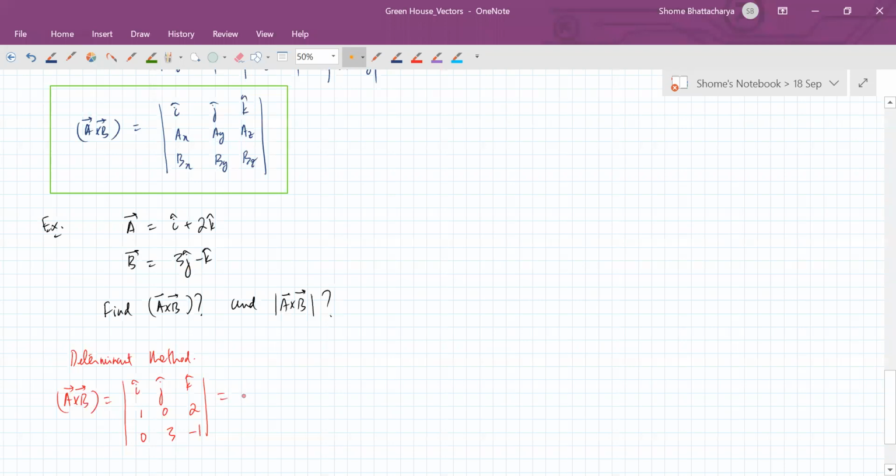So next up, this will just become i cap into this determinant, minus j cap into this determinant, plus k cap into this determinant. So this will become minus 6 i cap, right?